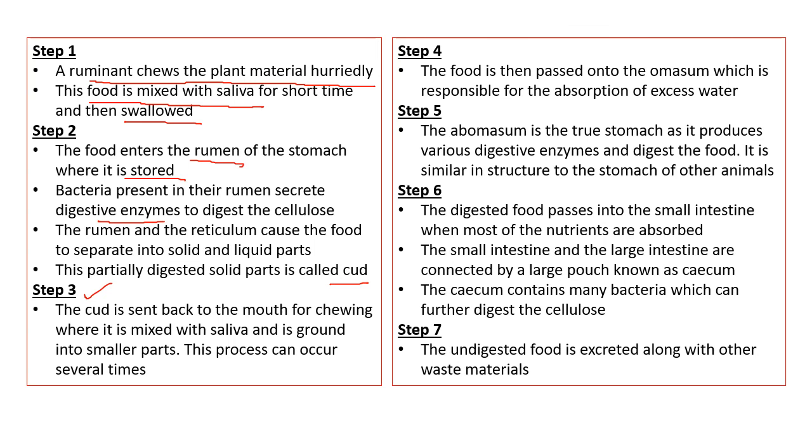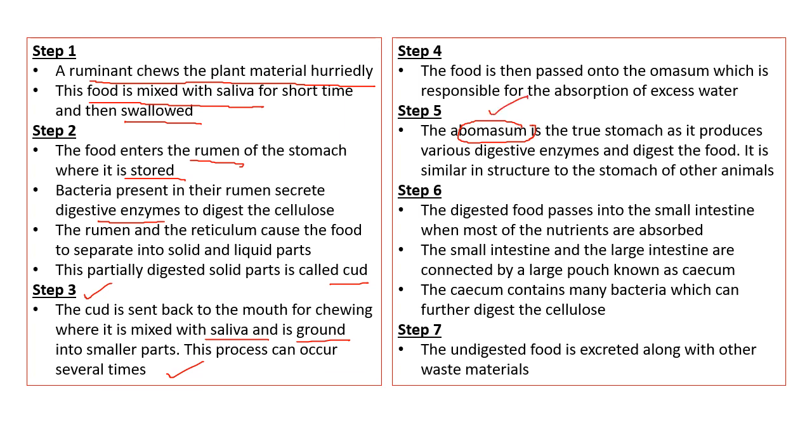A lot of saliva is mixed and it is ground into smaller parts, and this process can happen many times. Next, that food is passed to the omasum where excess water is absorbed, and finally it is passed to the abomasum, which is the true stomach of a ruminant animal, where digestive enzymes are there and food is finally digested.